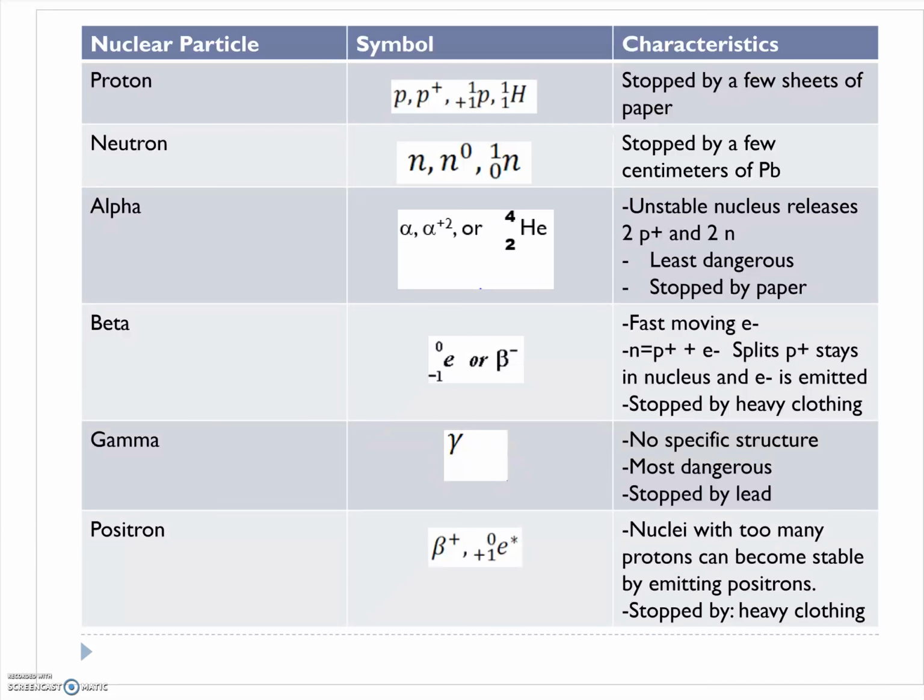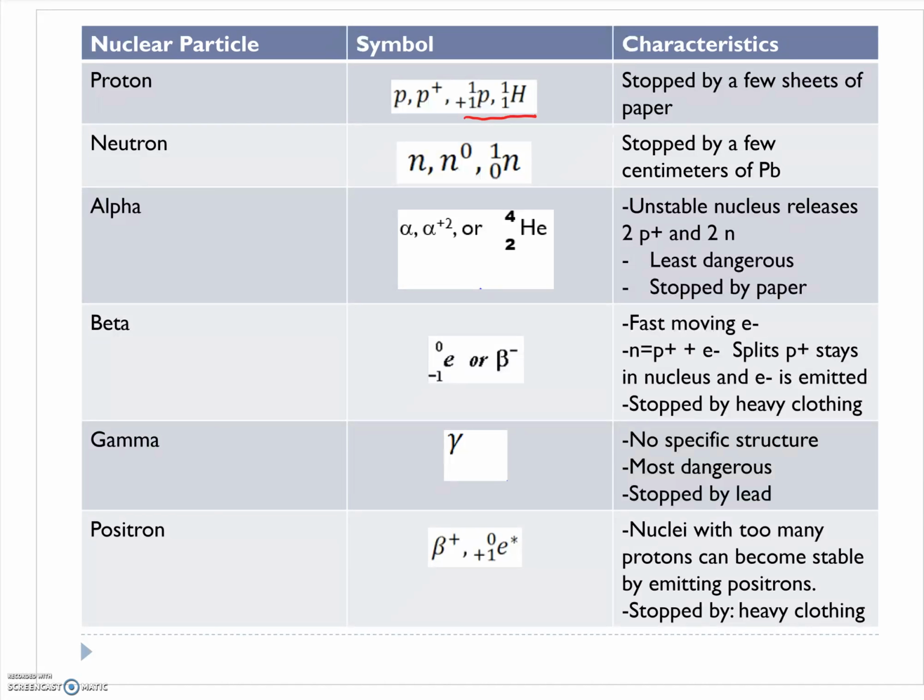The proton, if you will notice, has several different symbols. The ones that we use the most are probably these two. The top number is the mass, and the bottom number is the charge. So a proton has 1 AMU for the mass, atomic mass unit, and a positive 1 charge, which looks exactly like a hydrogen from the periodic table.